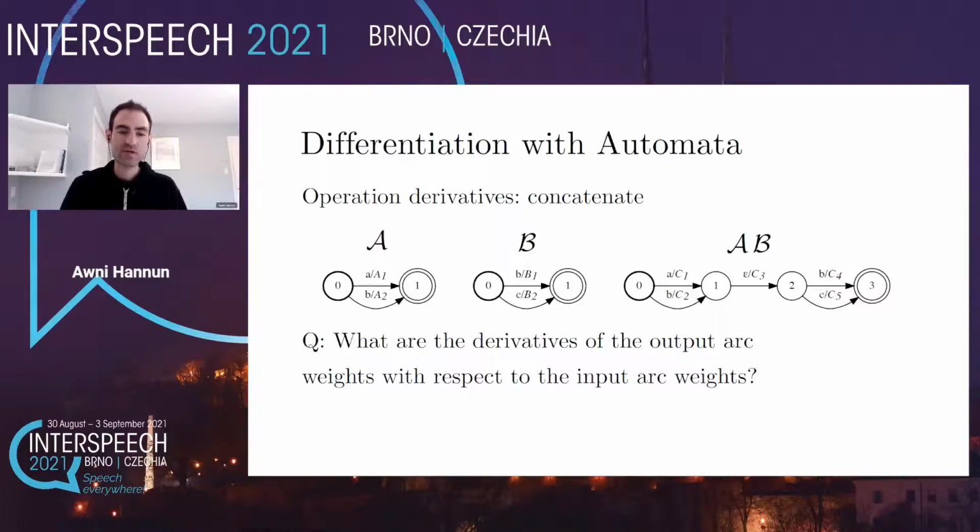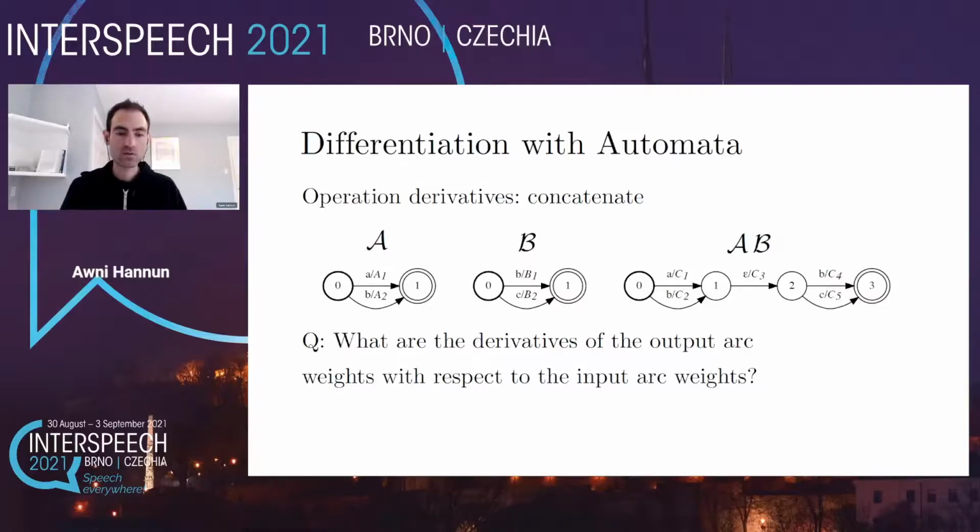Specifically, if I have C sub 3 in this concatenated graph, how sensitive is the arc weight C sub 3 to infinitesimal changes in, say, B sub 1 in the second input graph, or in A sub 2 in the first input graph? That's what we mean by derivatives with respect to operations on graphs. It's really about differentiating arc weights.